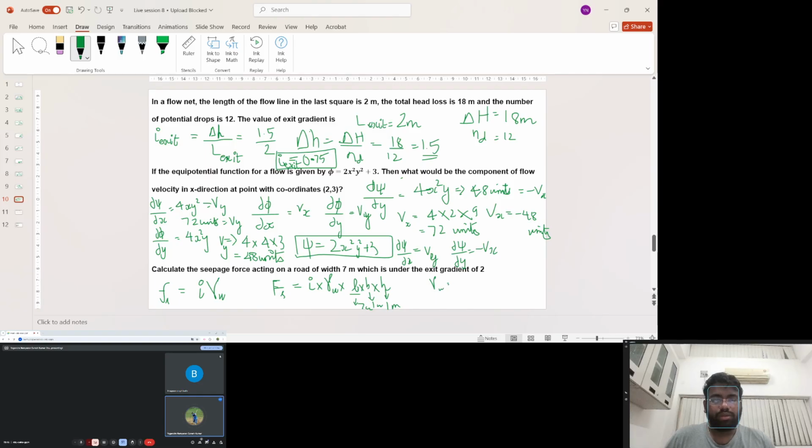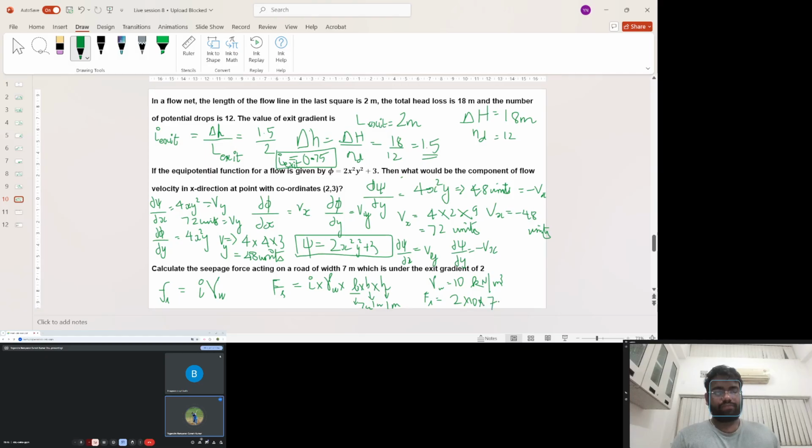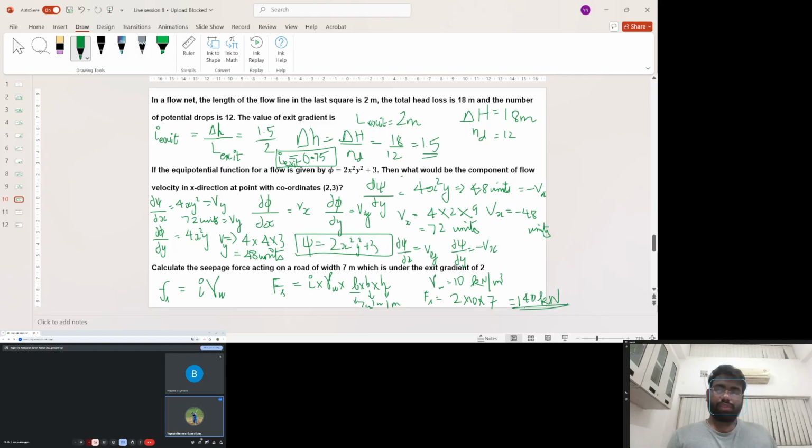Let gamma w be 10 kilonewton per meter cube. Now the seepage force in this condition will be 2 into 10 into 7 into 1. So that will be 140 kilonewton. Any doubts?